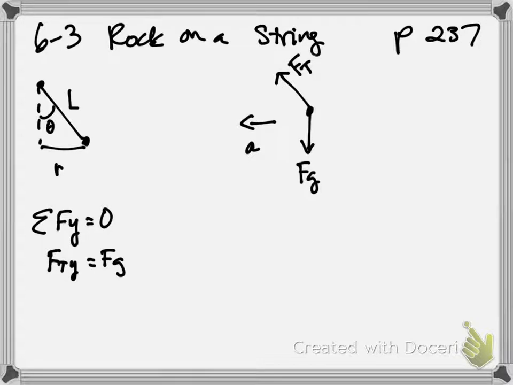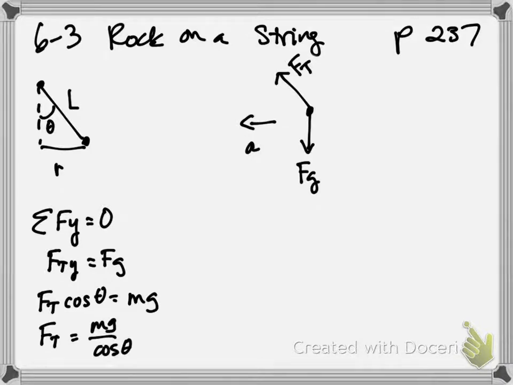Now I'm going to talk components here. Since we've measured from the vertical, the y component is F_T times cosine theta, and I can just write mg here. Solving for tension, I get mg over cosine theta. If you don't do that right then, it's not the end of the world. You'll do it eventually.